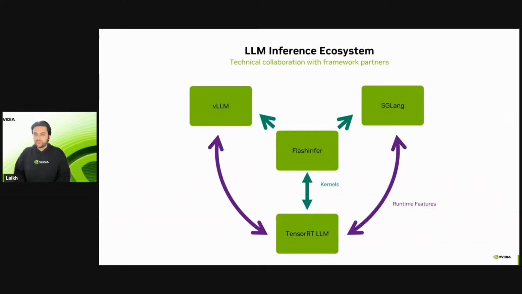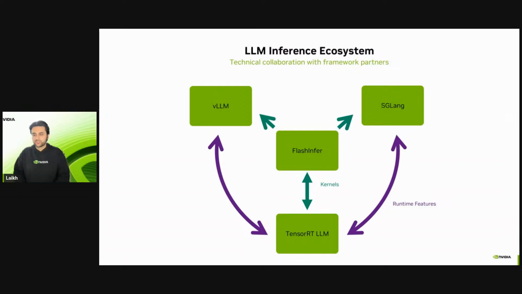There are really two key techniques that we use to lift the performance of ecosystem partners. The first is open source development and tech blogs on GitHub, but we also leverage a library called FlashInfer. This enables us to push out kernels from TensorRT LLM into this library and easily integrate that into our ecosystem framework partners.